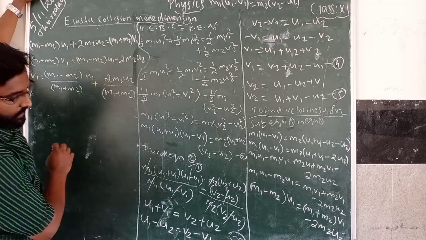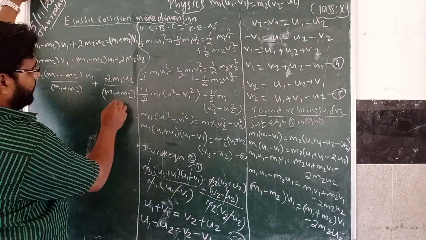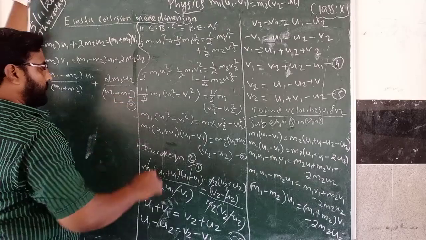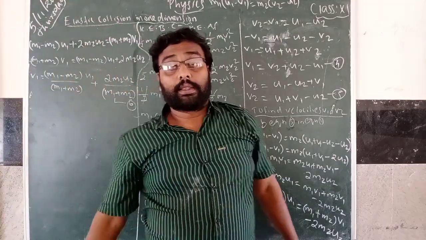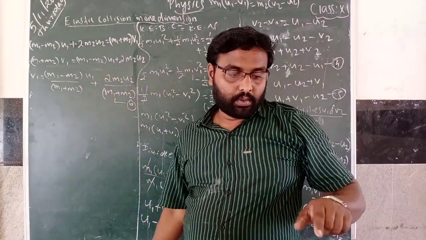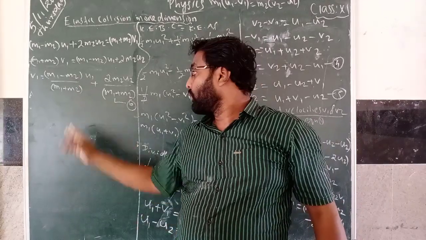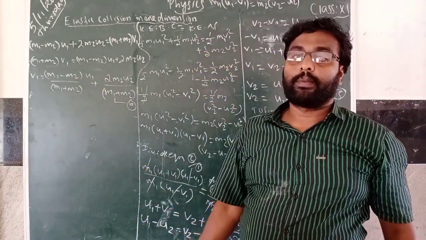This is equation number 6. So you got the V1 value: (M1 minus M2) divided by (M1 plus M2) into U1.